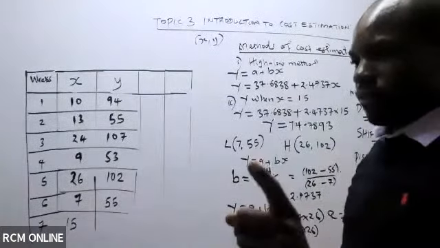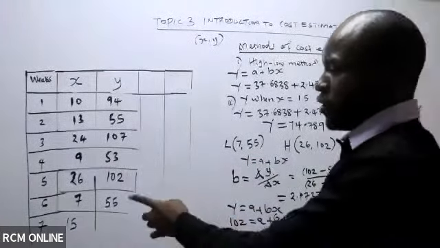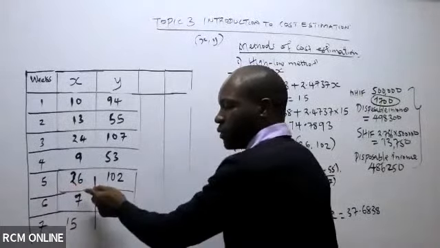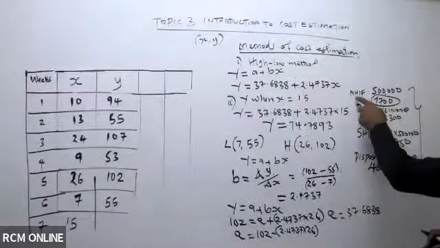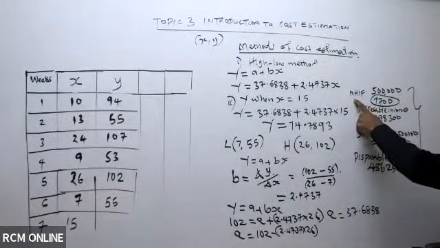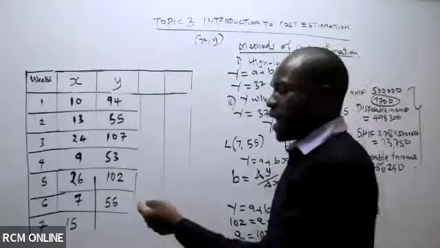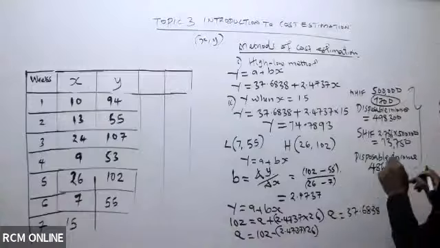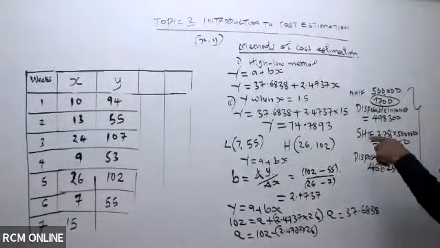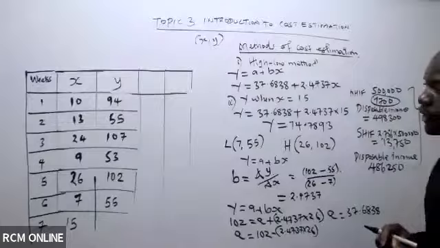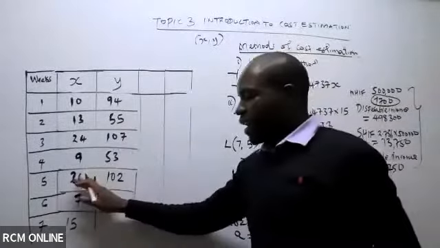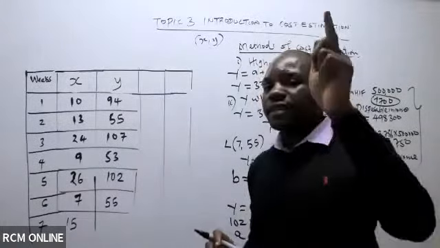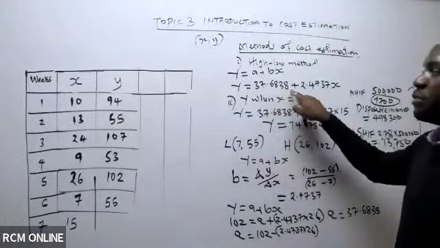What if this is what happened? The production that happened in week 5 happened when we were having NHIF in place. Then production that is happening now in week 6 has occurred when we have SHIF implemented. What does it tell you? It means taking the highest value and the lowest value to some extent might lead us in coming up with a misleading cost estimation function.